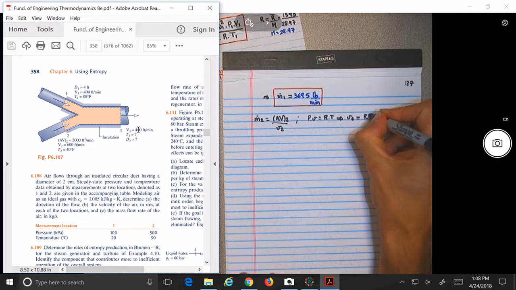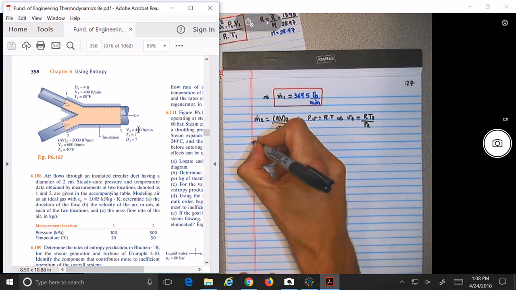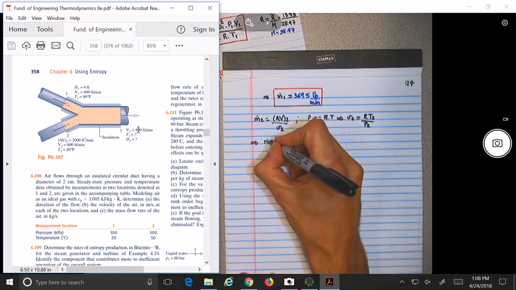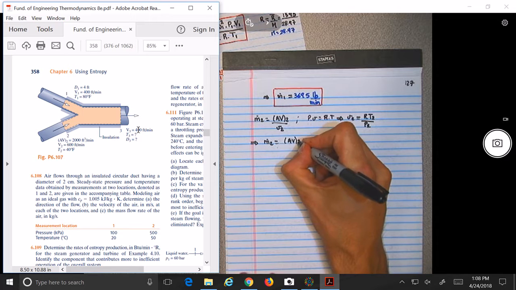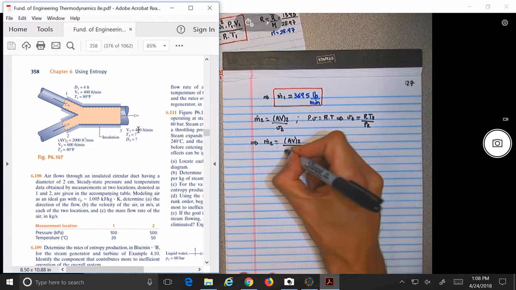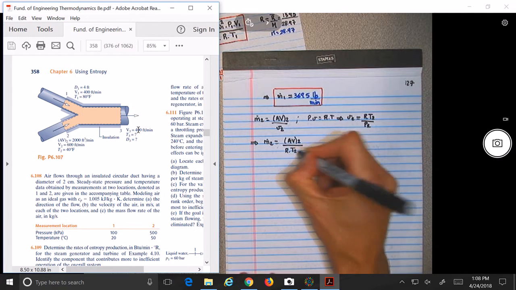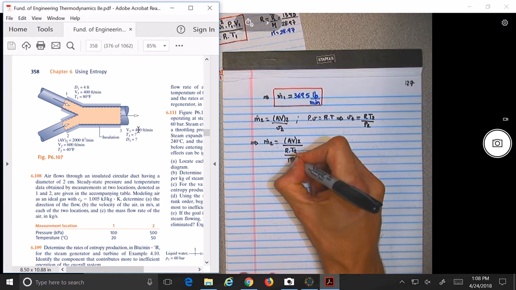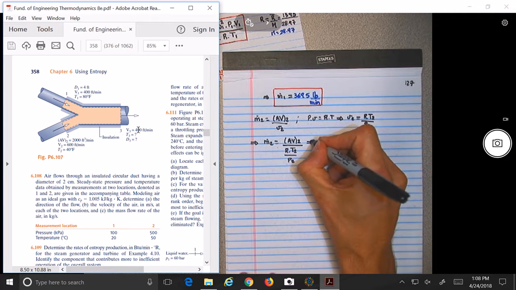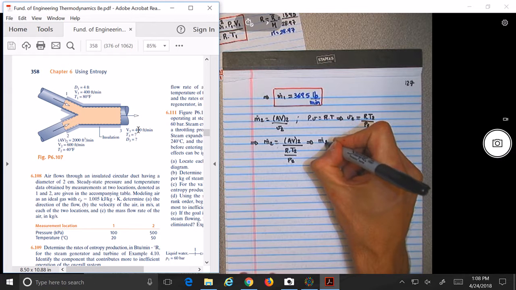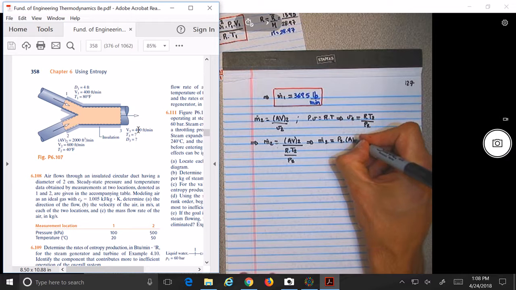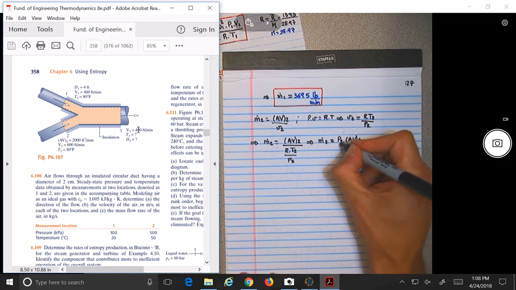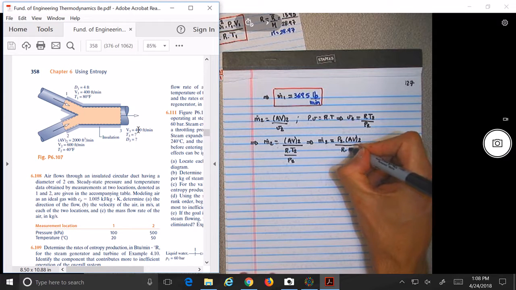R T2 divided by P2. So basically, the mass flow of the second part will be A V2 divided by R T2 over P2. So M2 is equal to P2 A V2 divided by R T2.